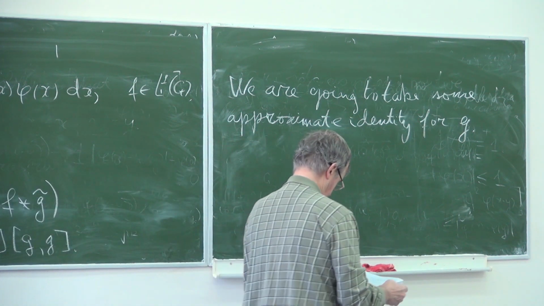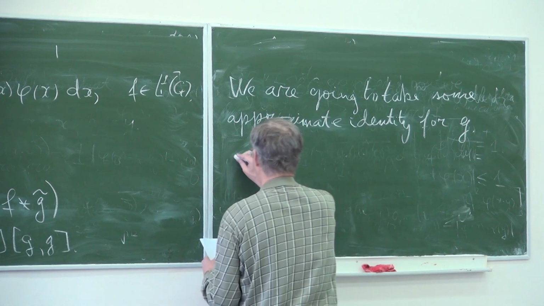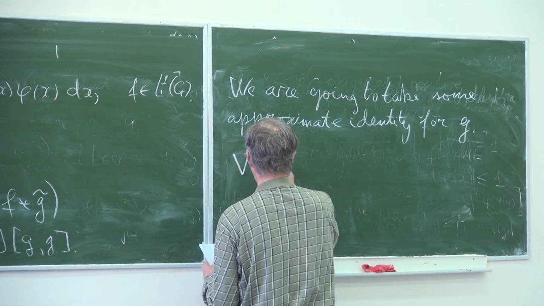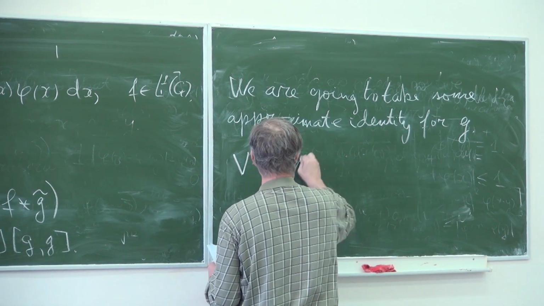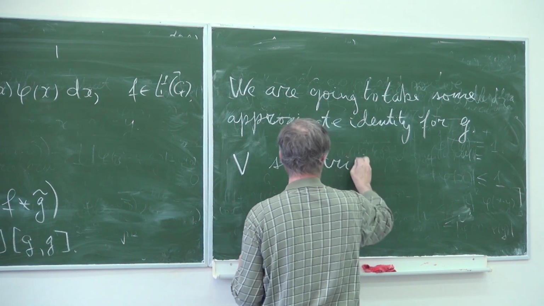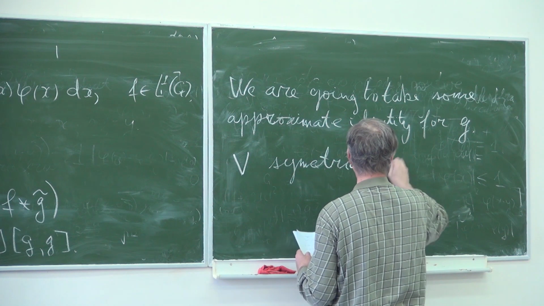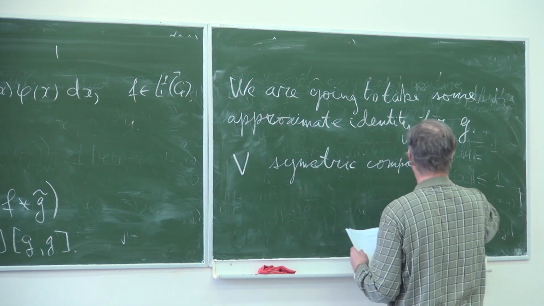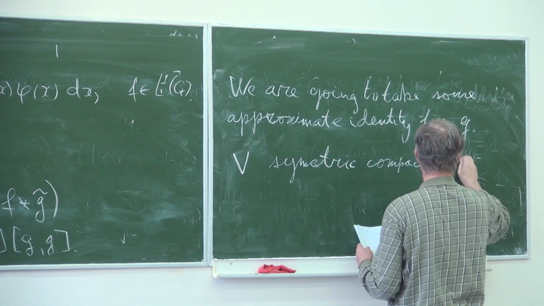Okay, so simply let V be a symmetric compact neighborhood of 0.